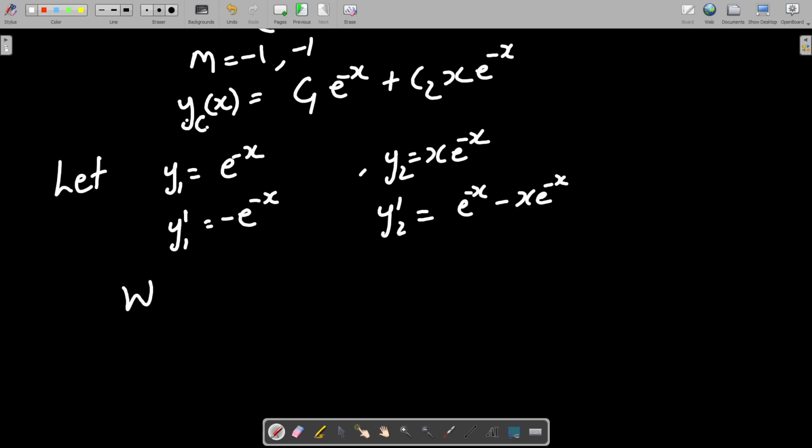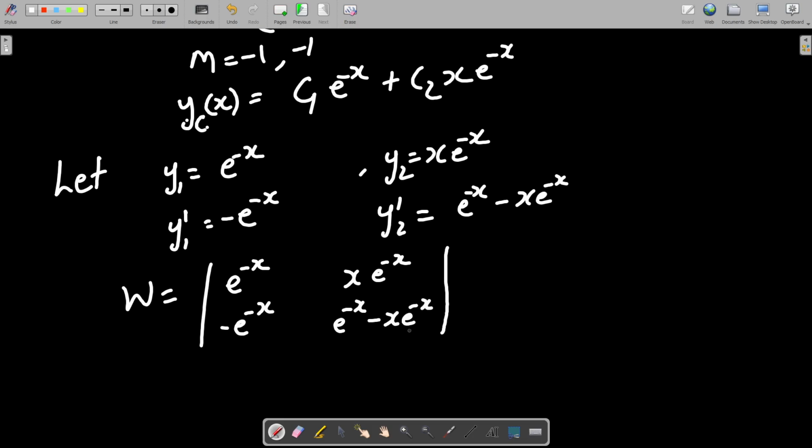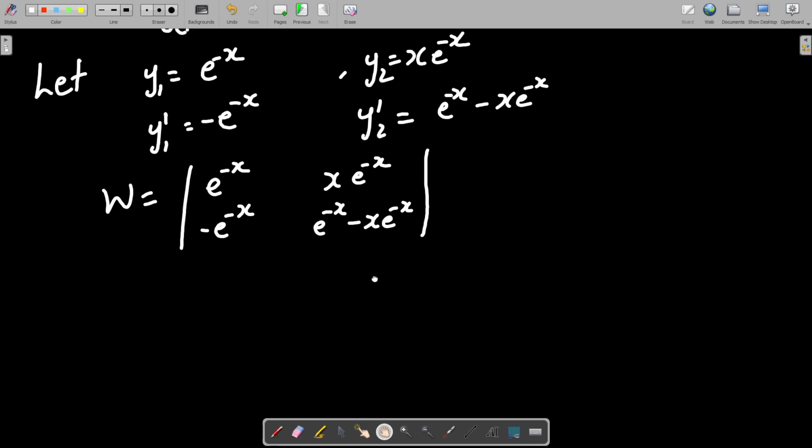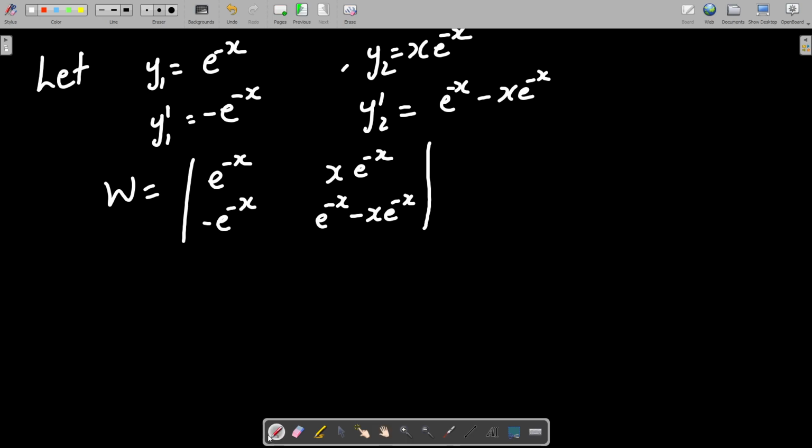Okay, so what will be your Wronskian for this problem? E raised to minus x, minus e raised to minus x. So this I'll have to sit and calculate.